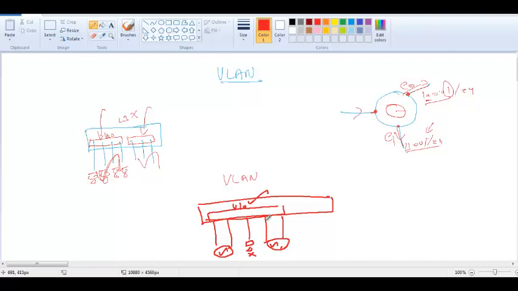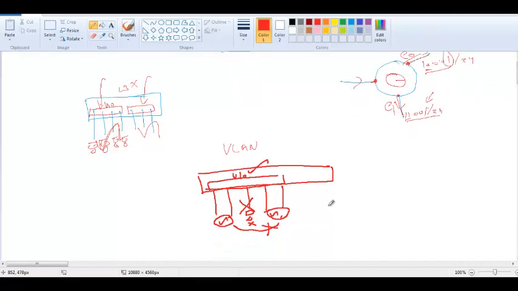You do not want this to communicate to anyone. It needs to be separate. You do not want this to communicate to this. Communication should happen only between these two, and communication should happen only between these two. Now this is your requirement.